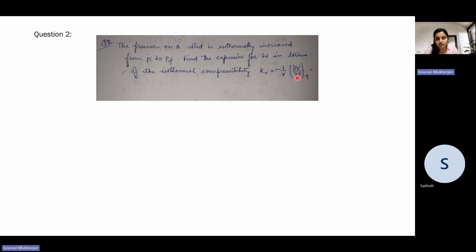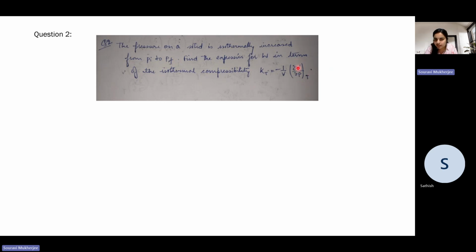Okay. So for this kind of question, here it is said that we have to find the expression for work done in terms of isothermal compressibility, and this is how isothermal compressibility is defined, right? So now we have to think, for work done, we need W equal to PdV, right? And we know that the pressure is changing from Pi to Pf. We have to make use of this expression, right?